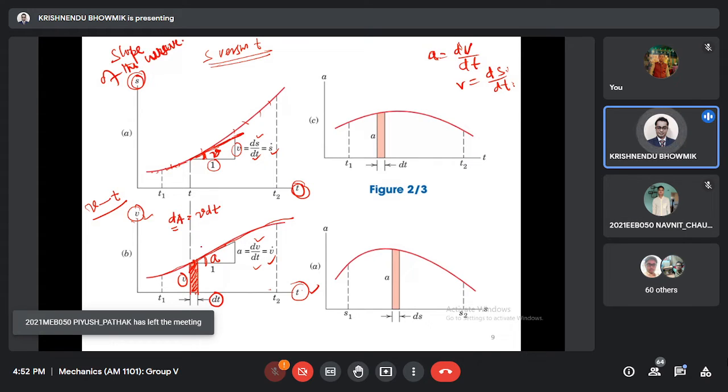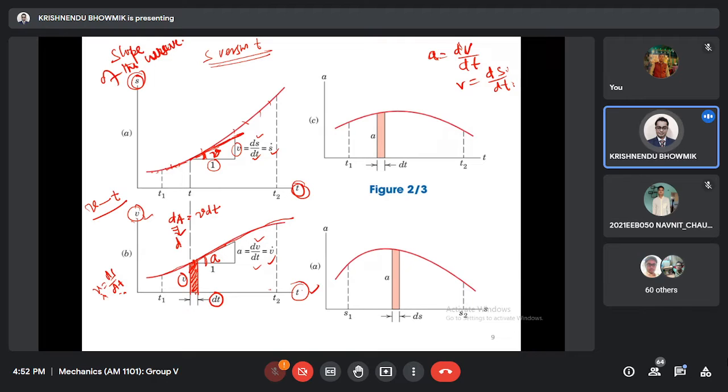On the other hand, from the relationship we got, v equal to ds dt. So this is v dt, and this dA is nothing but ds. ds equal to v dt.